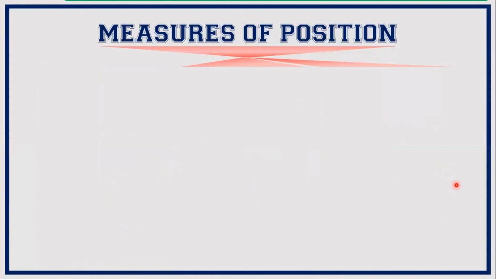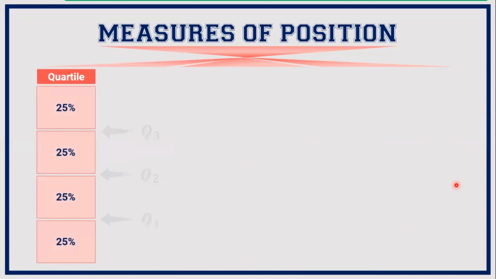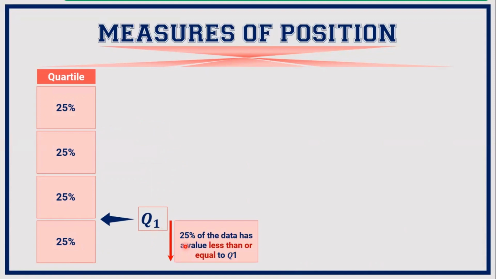What does it mean by the value identified by the quartile 1, decile 5, or percentile 75? For the quartile, we have the 3 score points, quartile 1, quartile 2, and quartile 3. If we have the value of the quartile 1, what does it mean?